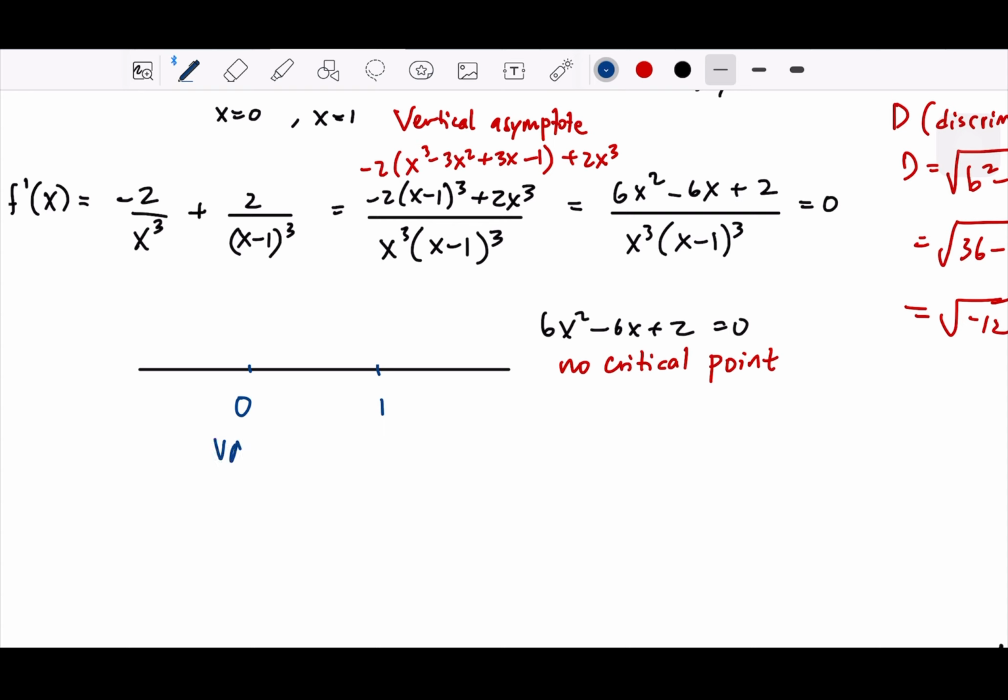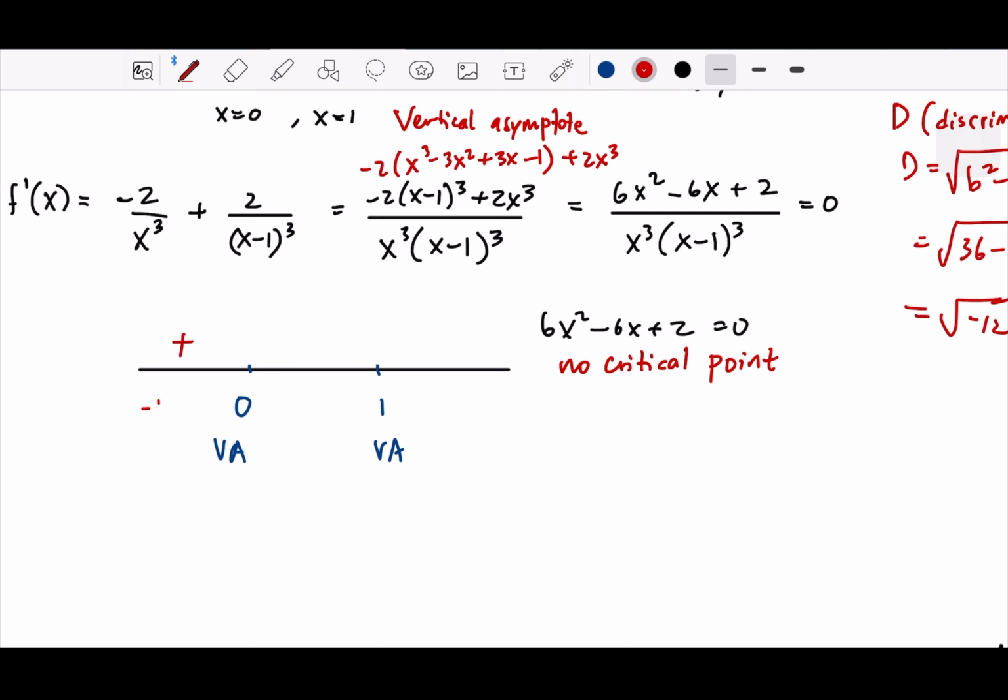Remember that this is a vertical asymptote. So we can check -1. The top equation will be positive. The denominator will also be positive, so this will be positive, right?